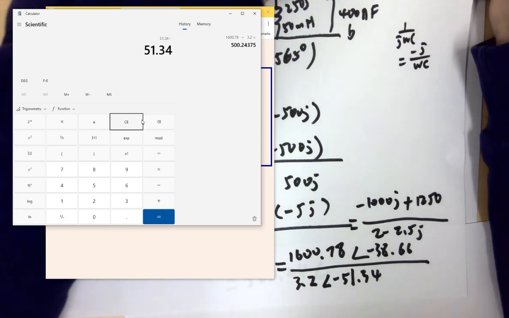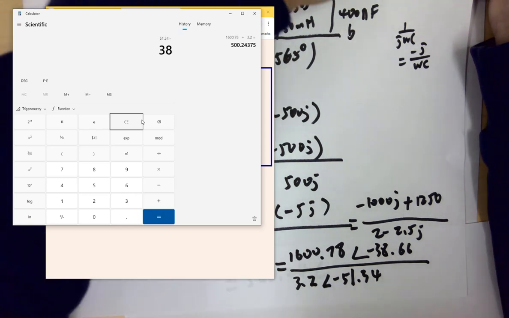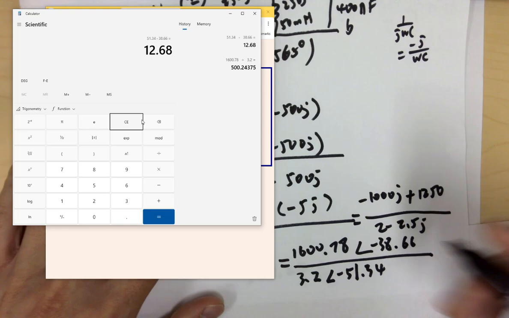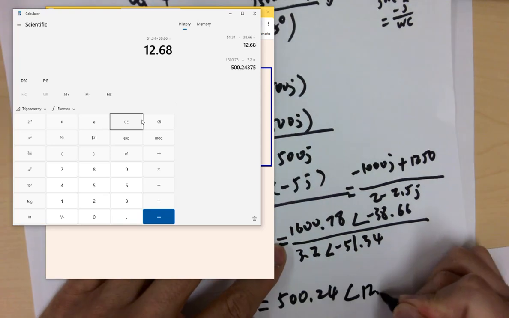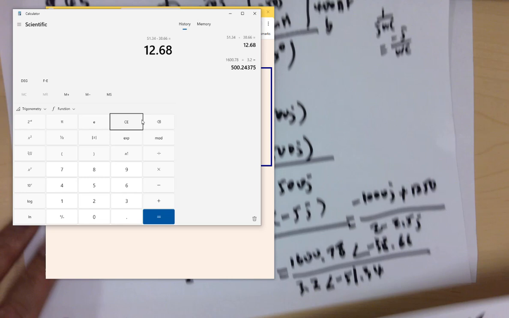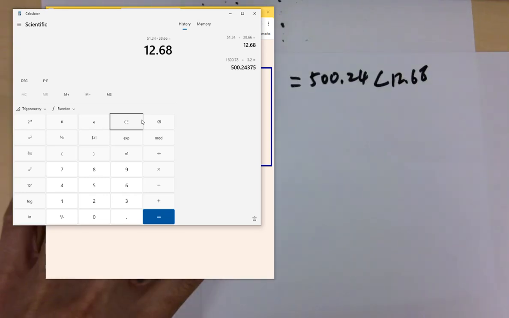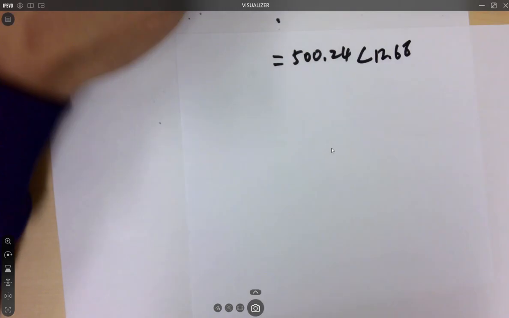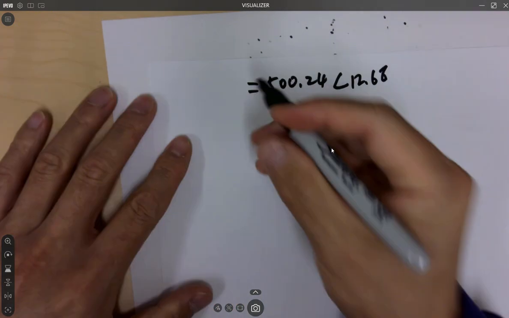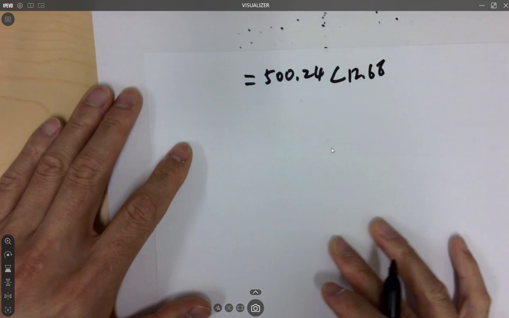And that's 12.68 degrees. So eventually, the equivalent impedance becomes this, and now we plug it back in.